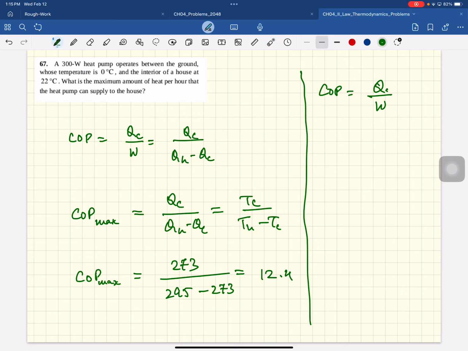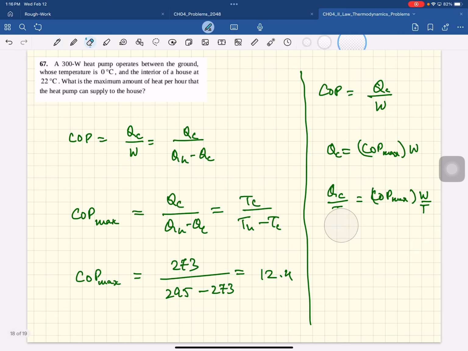QC is COP max times work. So QC over time is COP max times W over time. I'll do time as little t, so I don't confuse it with temperature. COP max is 12.4. And what is the work done per second? 300 watts.